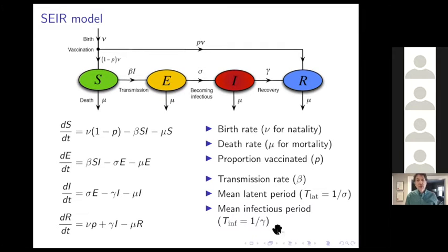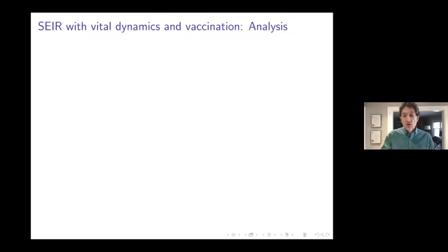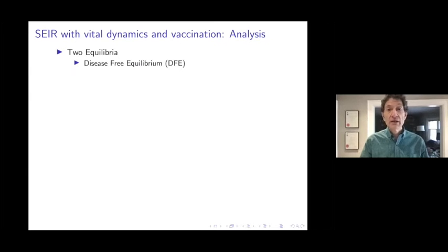Okay, so here is a simple model that in principle can explain what's going on. If we analyze this model with standard tools of qualitative theory of ordinary differential equations, what do we find out? What are the possible dynamics? Well, very easily, we determined that there are exactly two possible equilibria.